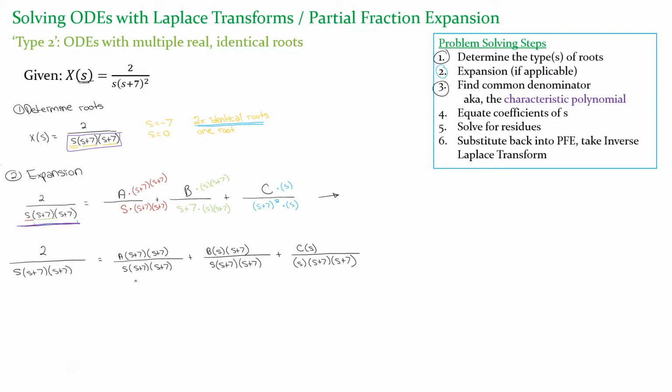Now I can combine all of the numerators on the right-hand side because they have a common denominator. A common denominator. Wow, I just can't say that word today.